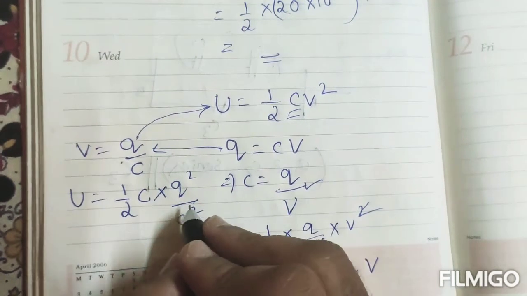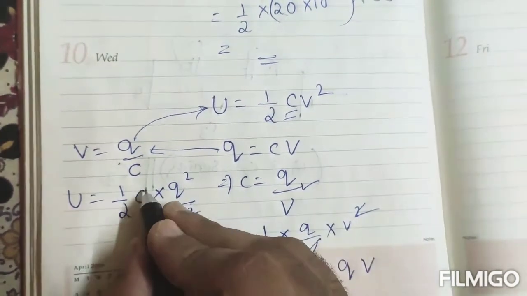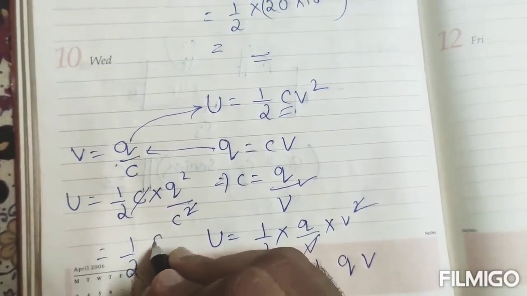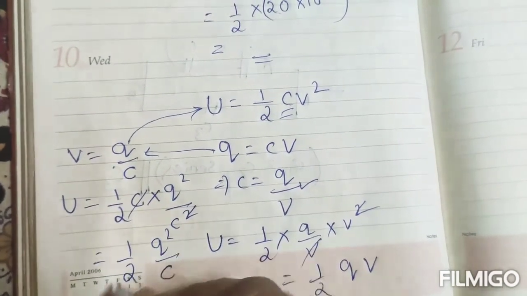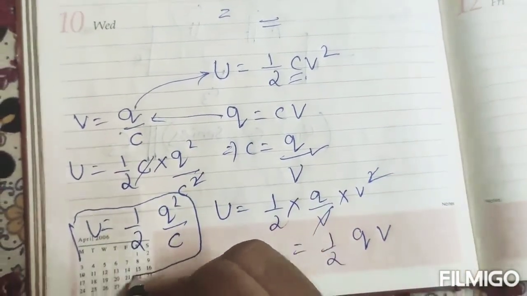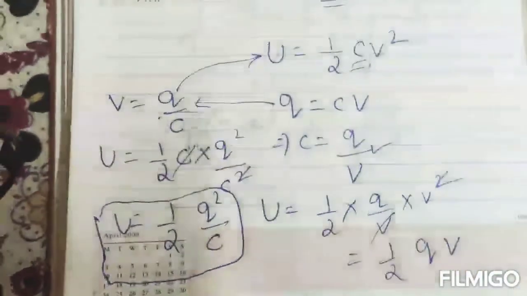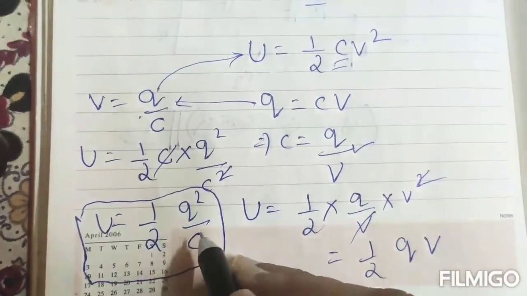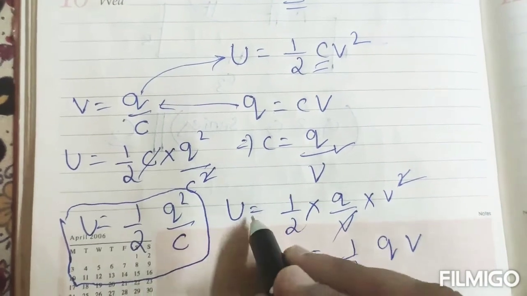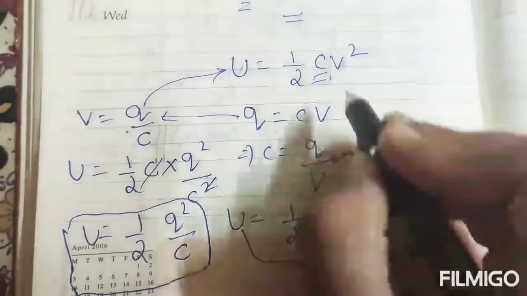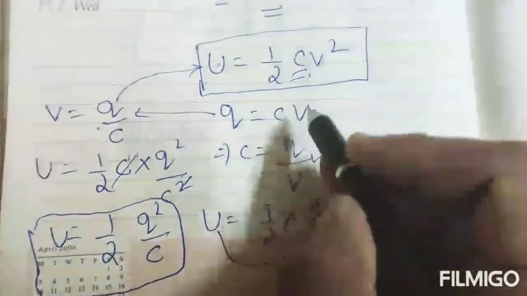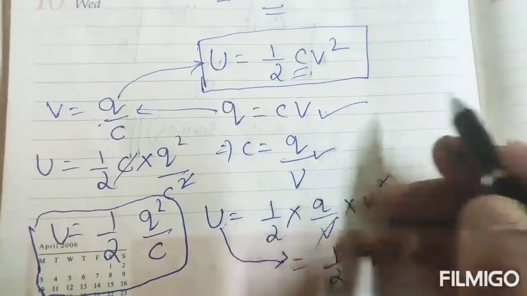C and this one cancel, so this is half into Q square upon C. This is another formula: U equal to half into Q square upon C. And this is the main formula. Don't forget this one. Thank you.